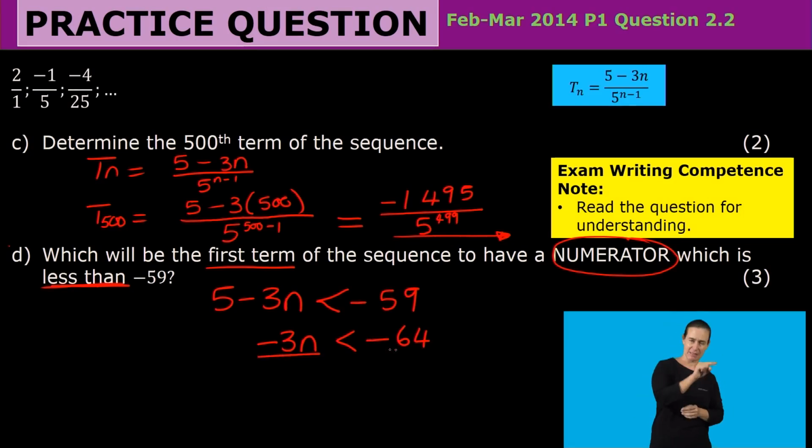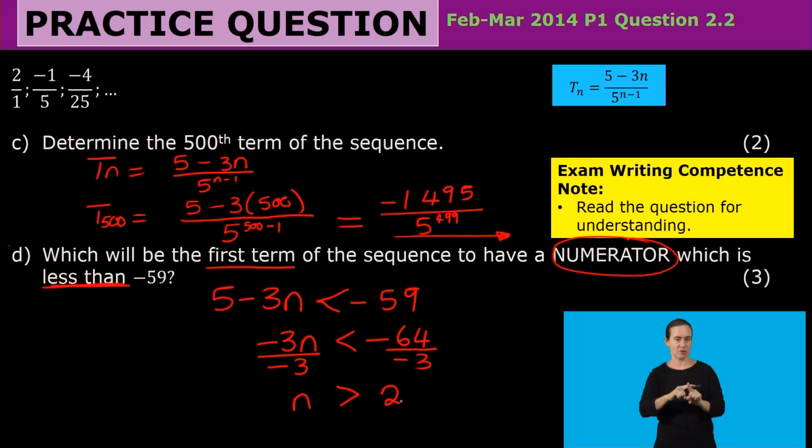We're going to divide both sides by a negative 3. And do you know what happens to an inequality when we divide by a negative value? Yes, the inequality will also change, just like all the values are going to change signs. So this is going to be n is greater than 21,33, and that 3 recurs.